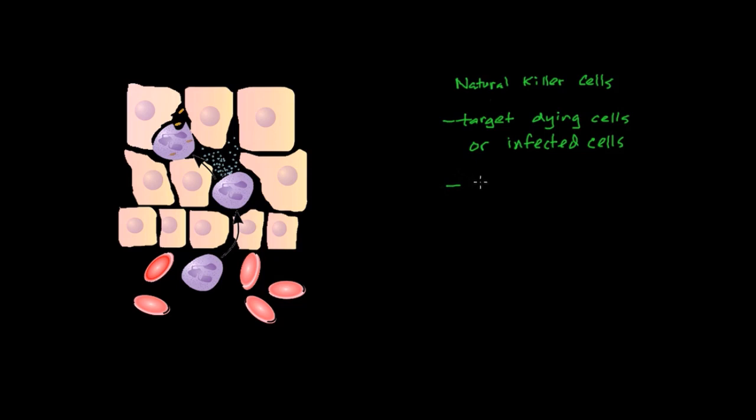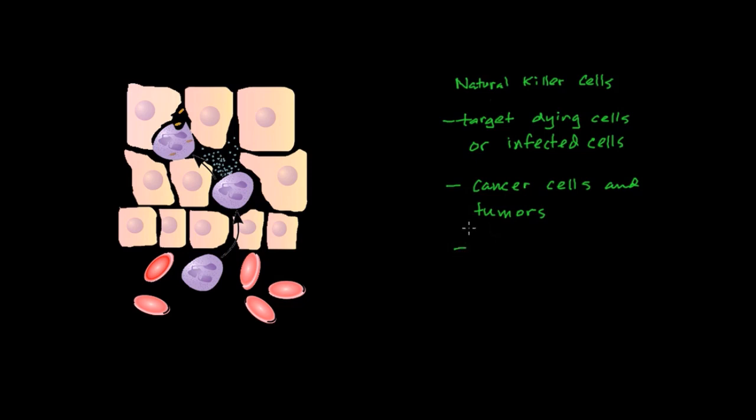The last type of white blood cell that we're going to discuss are what we call natural killer cells. Natural killer cells specifically target dying cells or cells that have been infected. Natural killer cells will also target cancer cells and tumors. Right?